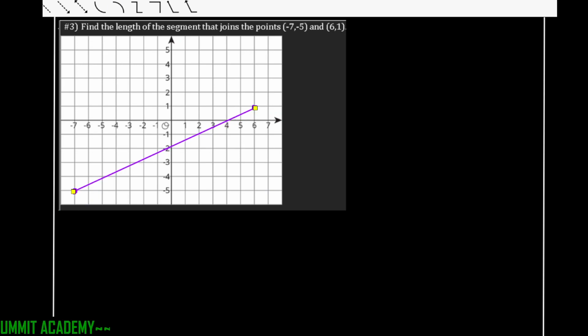But what I need to do is draw this right triangle in between these points. So what is this green amount, and what is this red amount?